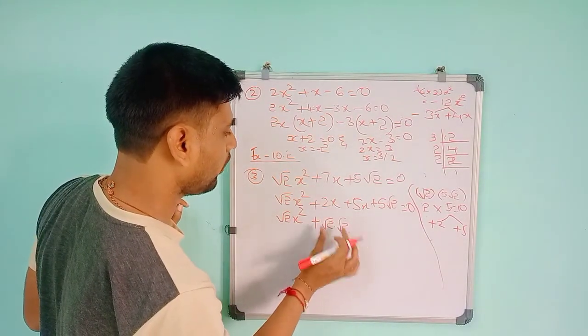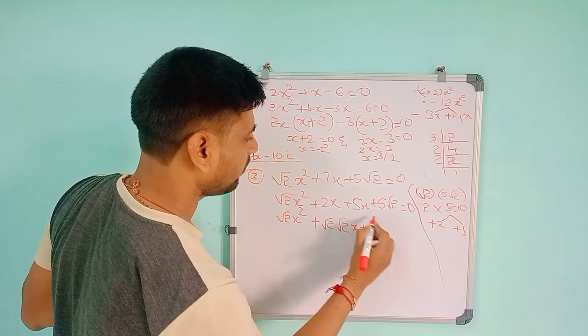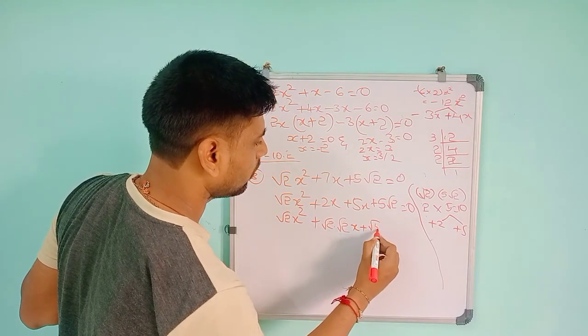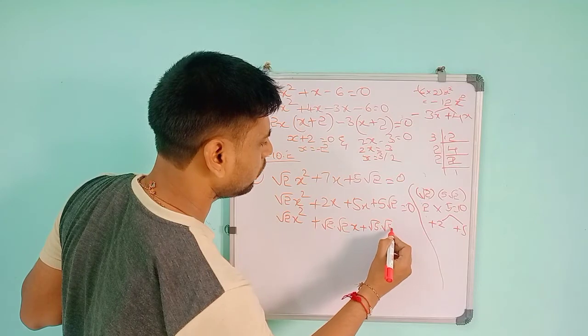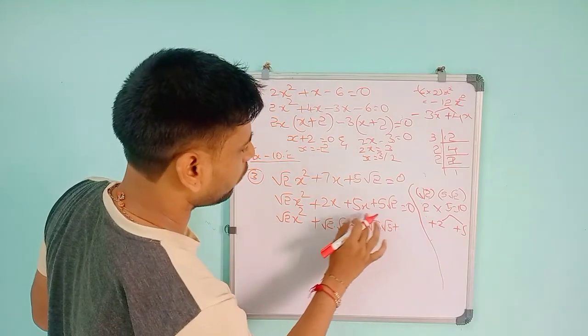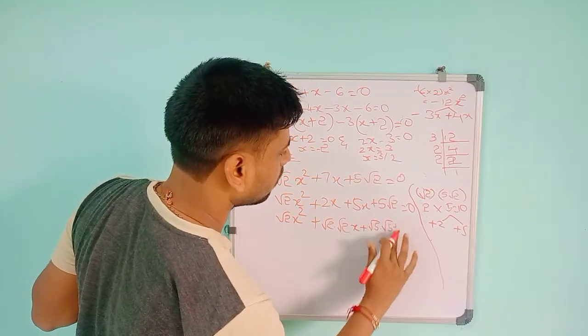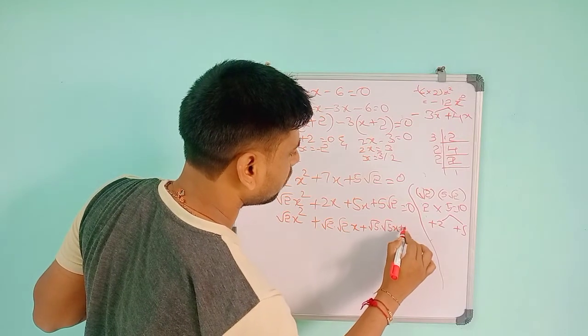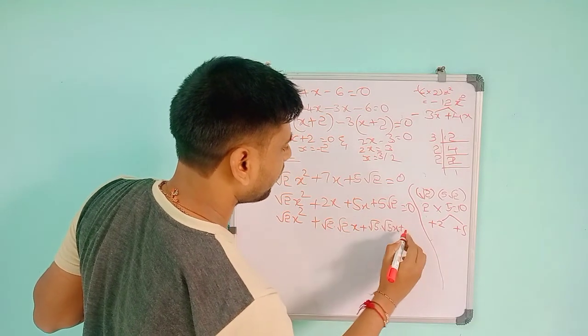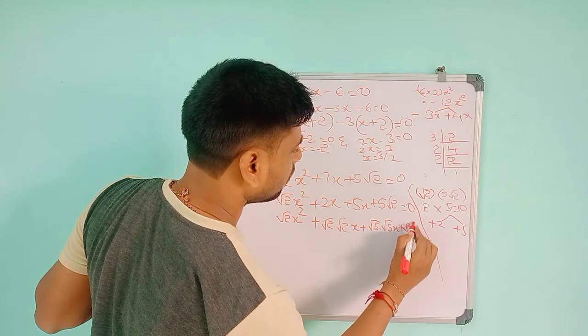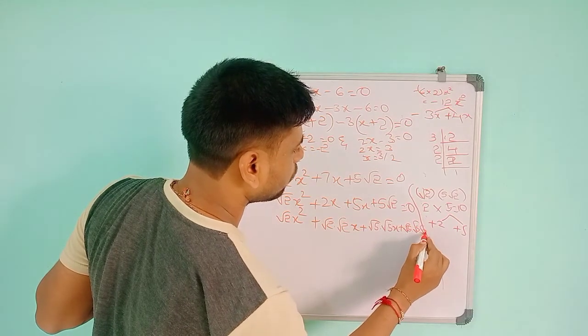So root 2 you can write like this, plus 5x we can write as root 5 into root 5, then root 5 into root 5 is 5x. Then plus root 5 you can write as root 5 into root 2.